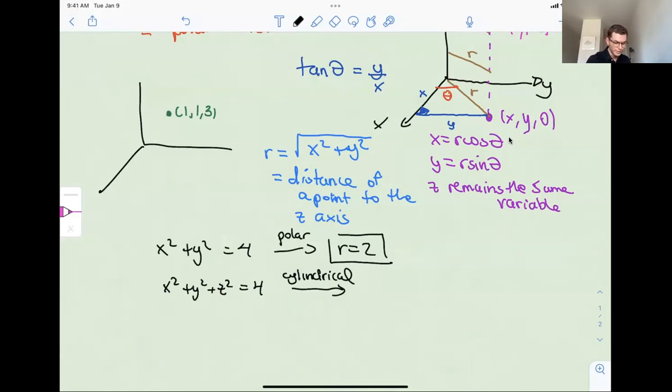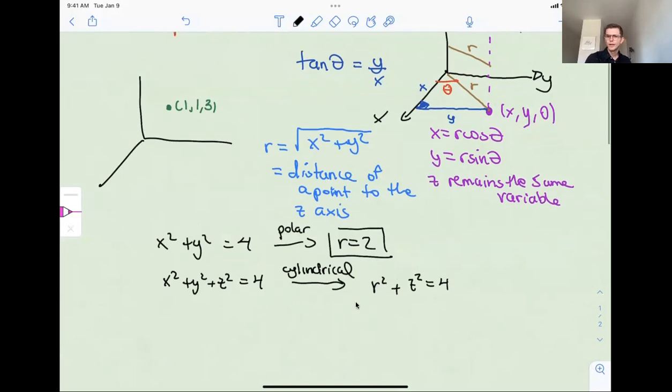So it becomes r squared, right? But z remains z, so it's just z squared. So that's how this becomes in cylindrical coordinates. Is this better now?